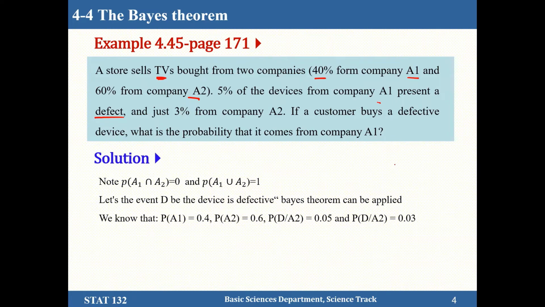So let's check whether the two conditions are satisfied or not. A1 intersection A2 equals empty. So an item can only come from company A1 or company A2, it cannot come from both.